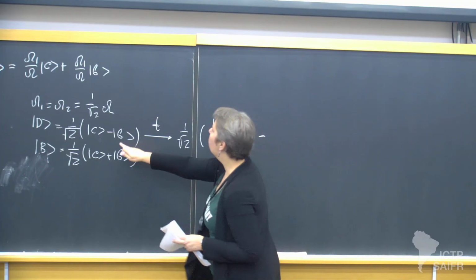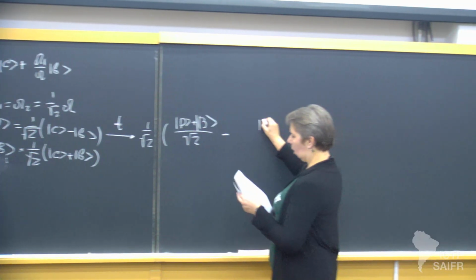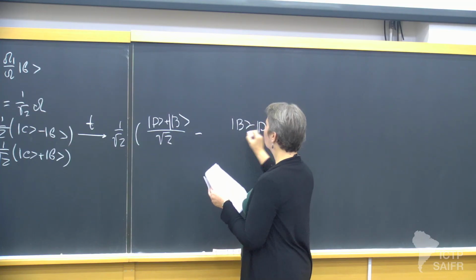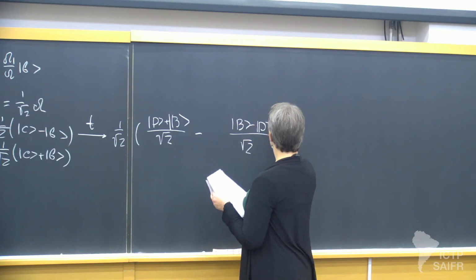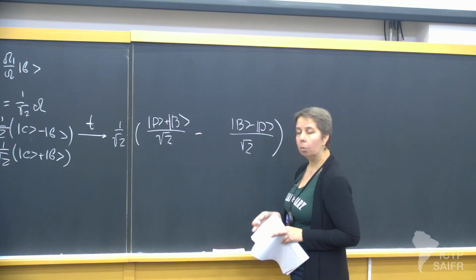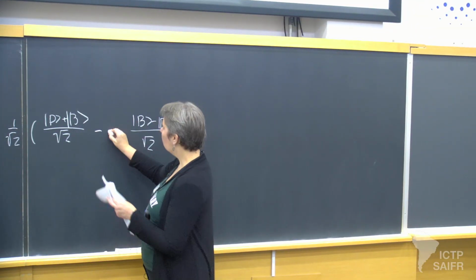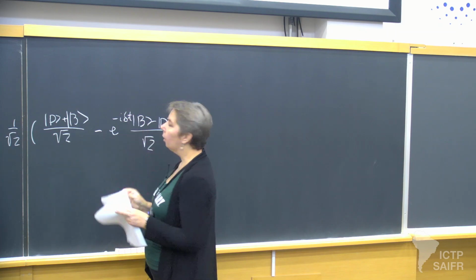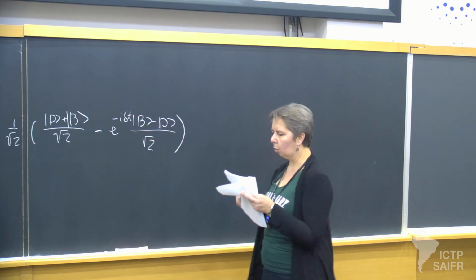Then the state B is going to be the bright state minus dark state over square root of 2. But now, if it evolves in time for non-zero two-photon detuning, we also have this factor e to the minus i delta t over here. And again, it's delta times t.